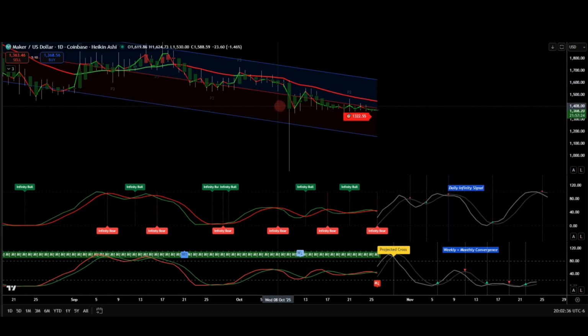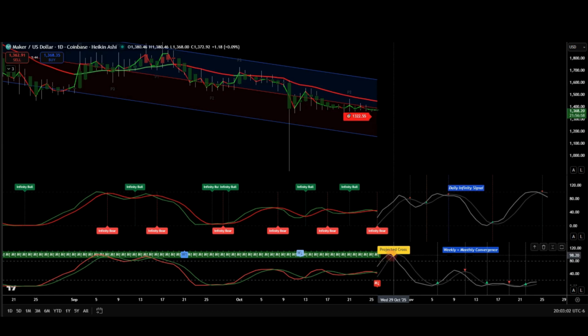That's the start of a rounded bottom, a transition that often precedes sustained bullish reversals. And what's remarkable is how the infinity signal's projected %K, %D crossover aligns almost perfectly with the expected breakout zone of this traditional pattern. It's geometry meeting timing, classical structure meeting predictive momentum.